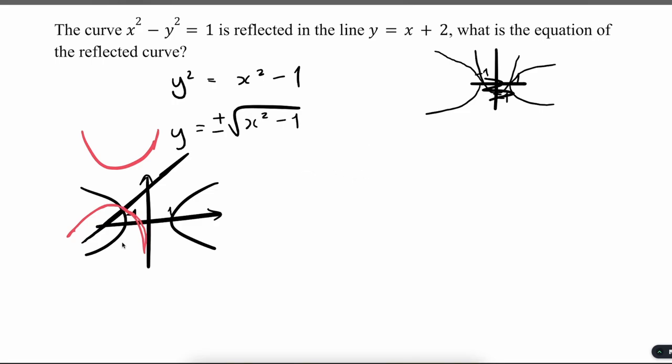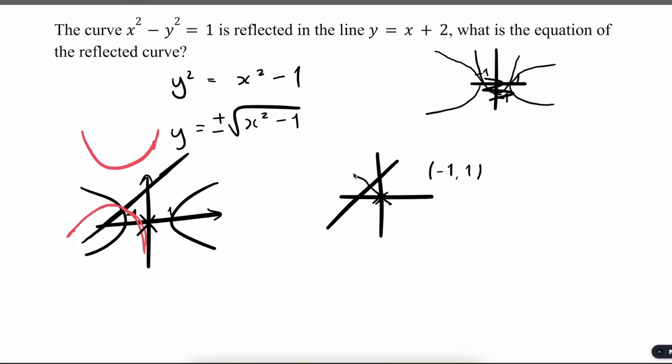So we've got to think about, okay, how do we find the centre of this new graph? Well, the centre is actually reflected. So if we look at the centre here, when 0, 0 is reflected in y equals x plus 2, that line crosses through 1, minus 1, 1.